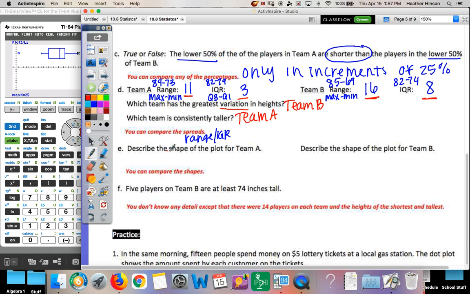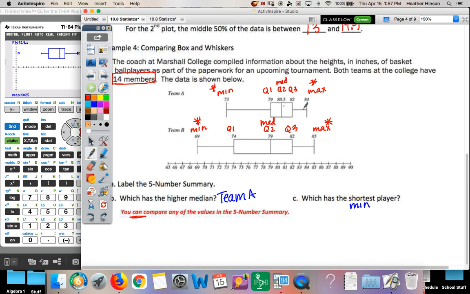Okay, describe the shape for the plot of Team A. So this is your symmetrical or skewed left or skewed right. So you can't really make a little curve on this one. The box does that for you. This is your curve. This is the top of the curve. Where does your tail go? Is there a tail off to the left or a tail off to the right?